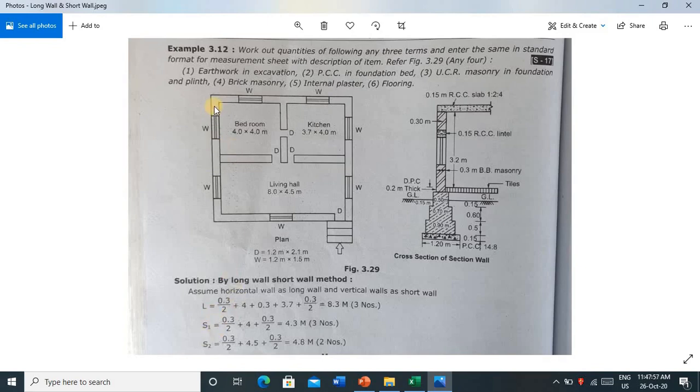Short wall 1 walls are 1, 2 and 3, so it is written as 3 numbers, and the length is 0.3 divided by 2 plus 4 plus 0.3 divided by 2, which is 4.3 meter. Then short wall type 2 is again 0.3 divided by 2 plus 4.5 plus 0.3 divided by 2, which is 4.8 meter. And there are two numbers of short wall type 2.